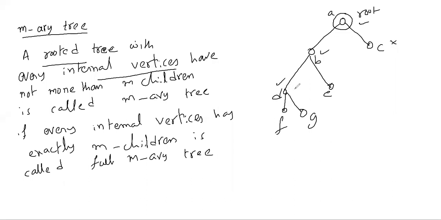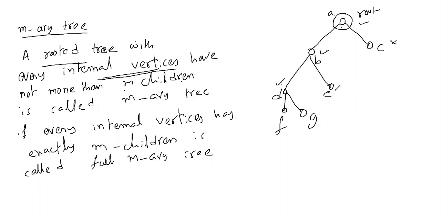So now, what is it saying? Every internal vertex has not more than m children. What are the internal vertices? A, B, D. These are the internal vertices which have at least one child. When you come to C, it doesn't have children, therefore it is not an internal vertex.